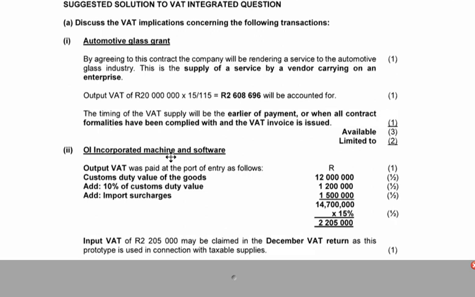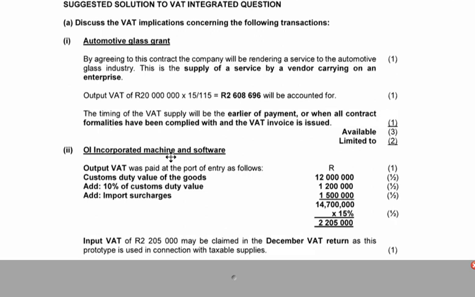In this case, it is a purely VATable transaction because the machine is going to be used in our production process. But what would you normally say in a question? You'd normally say software is an intangible asset. So how's it going to be treated in terms of the Act as a service?